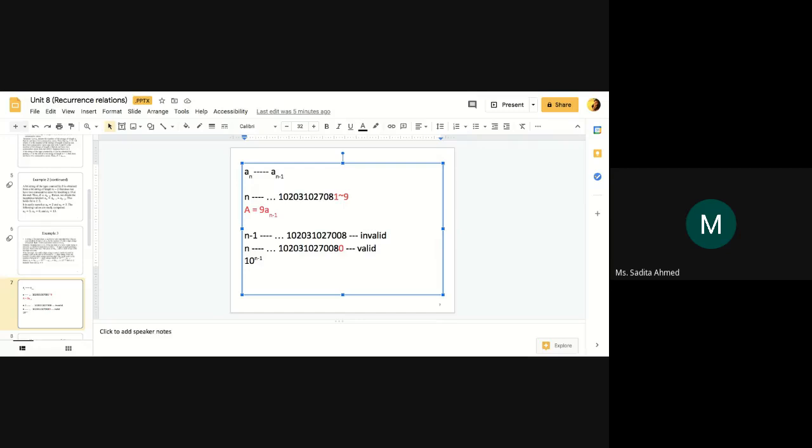For each of these positions, we see how many options there are to fill them up. To fill up the first position, how many options do you have? You can use any alphabet. How many alphabets are there? There are 26 alphabets, and if you can use any one of them, how many options do you have for the first position? 26.